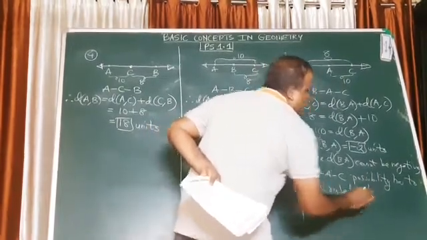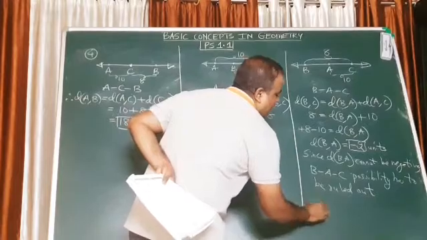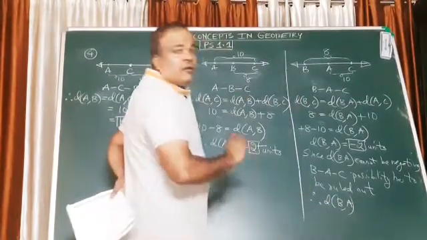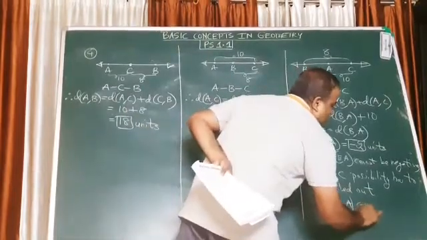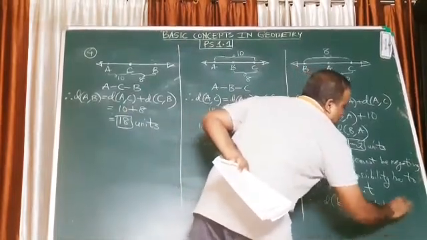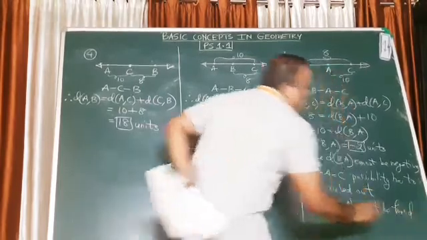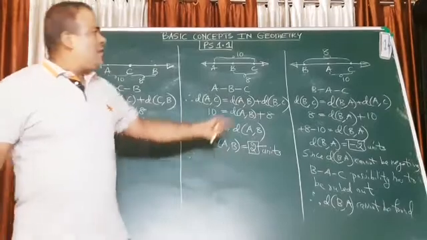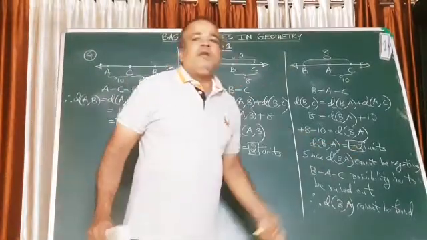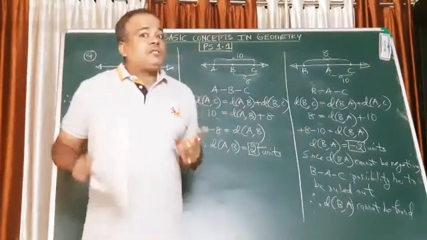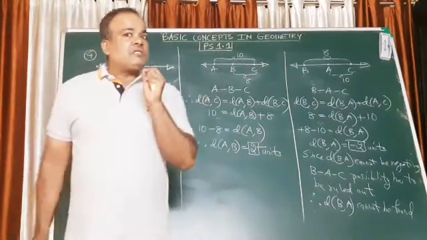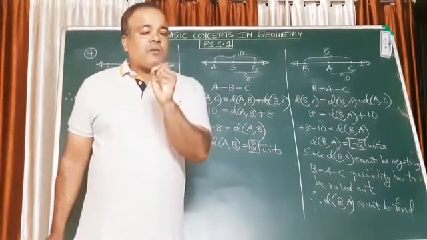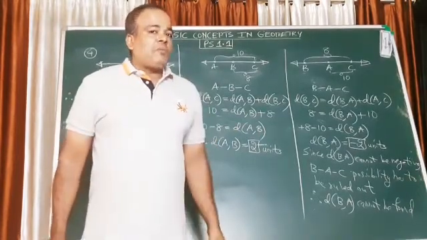Therefore, you say distance BA cannot be found. I hope it is clear. So only in these two possibilities you can find a distance. Here it is not possible, because when you find it, you get minus 2, and distance can never be negative. If the distance comes out negative, that means something is wrong. Either you have not done the sum correctly, or there is a problem.